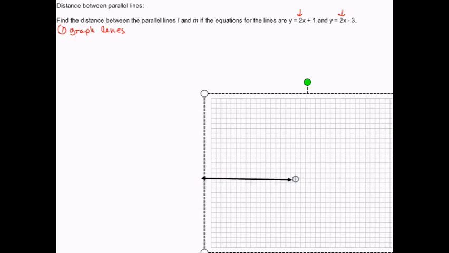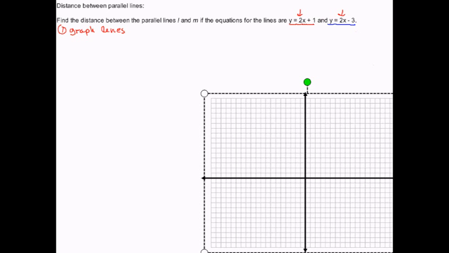So again, I'll bring in my x and y axes. I'll graph this line in red and this line in blue.